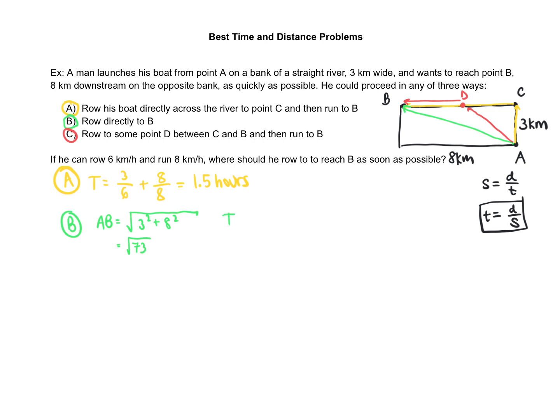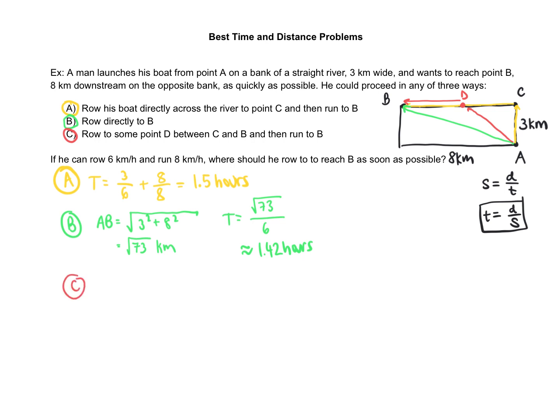So my time is going to be this distance, the square root of 73 kilometers, divided by the speed. And since it's just rowing, the speed is 6. So there it is, but if I want to compare it to option A, I am going to turn this into its rounded decimal, which is approximately 1.42 hours. So option B is already better than option A.